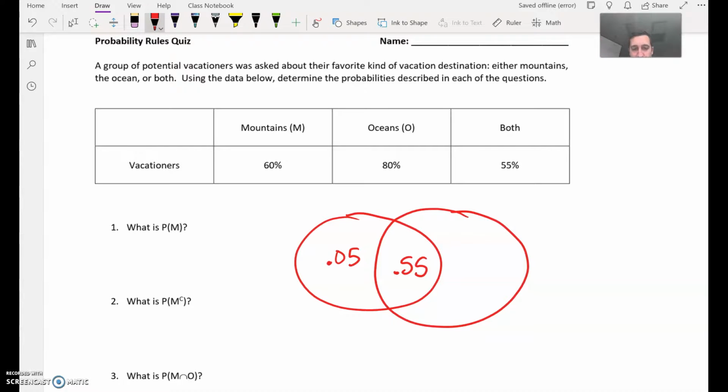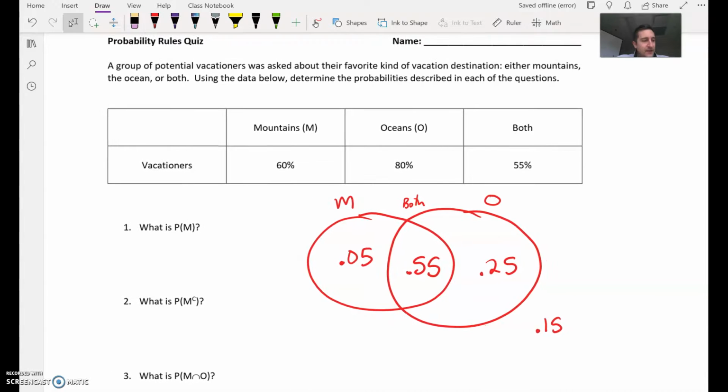But for oceans, there were more people, 80 minus 0.55, which is 0.25. So this is mountains only, this is oceans only, this is the both category. So that adds up to 70, 85, so there must be 15 that don't like either. They don't like mountains or oceans, so they definitely don't like both.